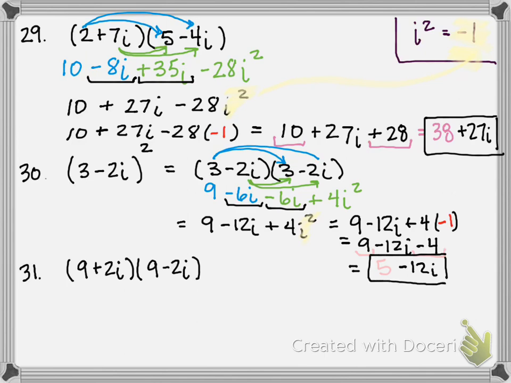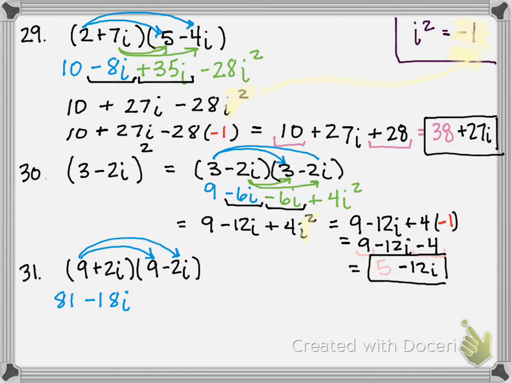So simplified again. So our last one, still complex numbers, binomial times binomial, so we will do the same process again. 9 times 9 will give us our 81. 9 times negative 2i would be a negative 18i.